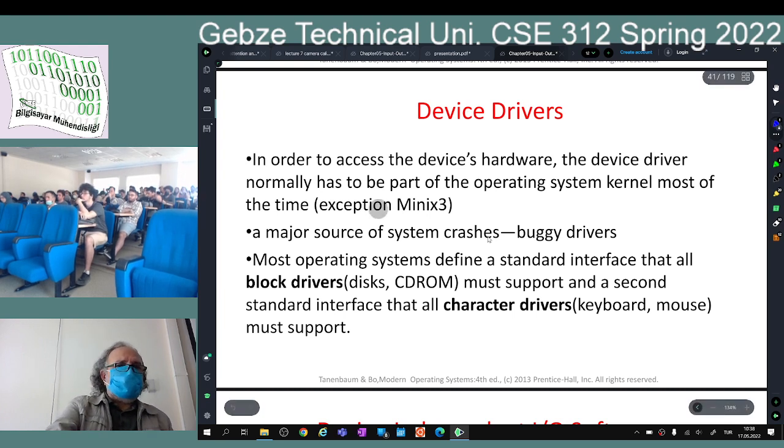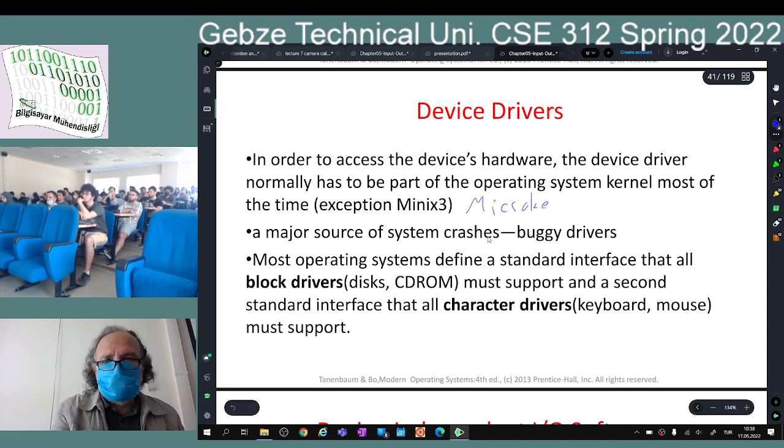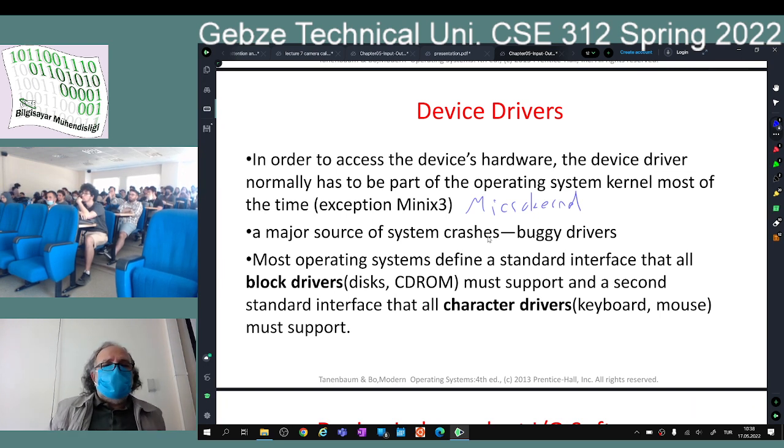There are exceptions like the microkernel system. We talked about this microkernel system Minix. Minix says that I am going to keep my kernel very, very small. Only about 10,000 lines of code will run in the privileged mode. The rest of the operating system will run in the user mode. So they don't have any privileges to change the memory map table.